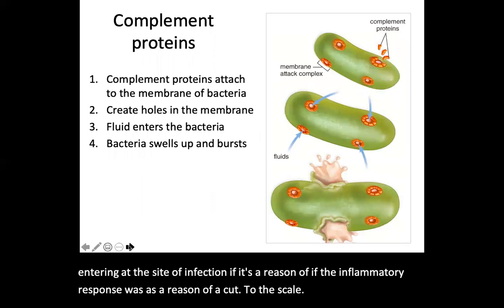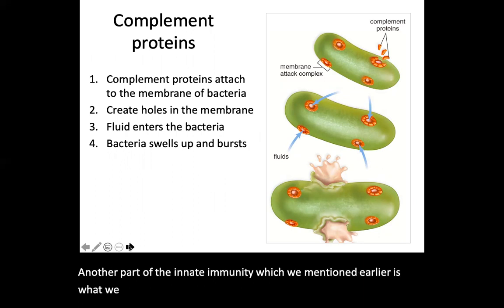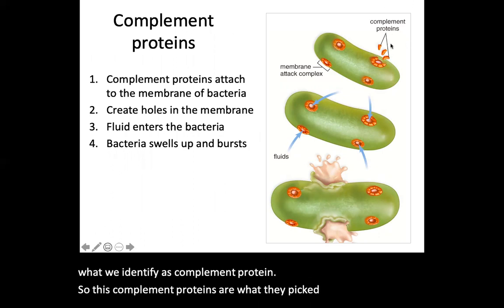Another part of the innate immunity, which we mentioned earlier, is what we identify as complement proteins. So these complement proteins are what's depicted in orange structures right here in our picture.